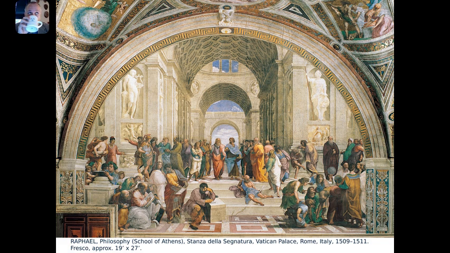So Raphael has included images of some of the greatest classical Greek thinkers and philosophers and scientists of the age, and he uses some of his contemporaries as models for their faces, which is a good way to link the present to the past. School of Athens is a depiction of philosophy. It represents the truth that is acquired through reason.